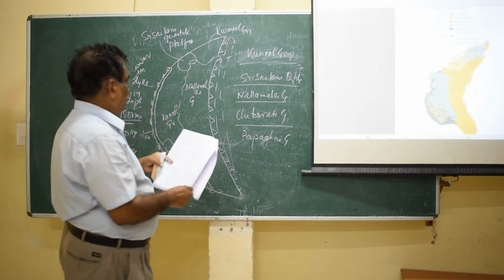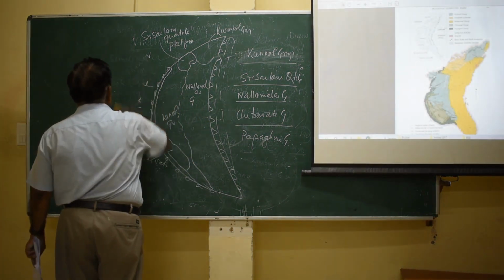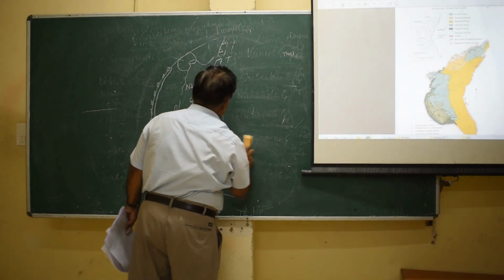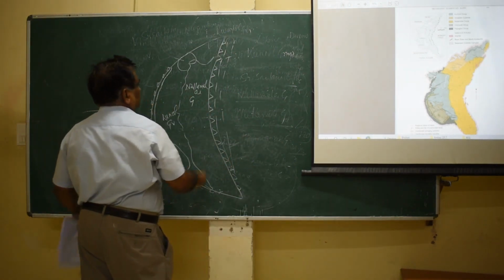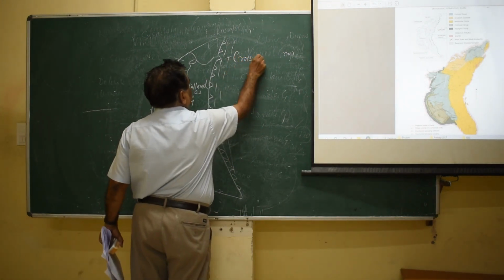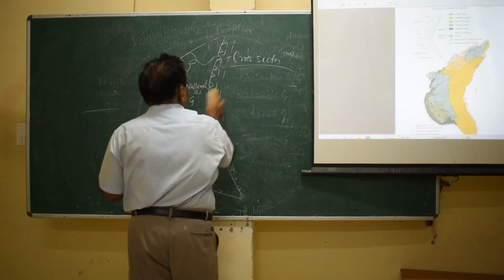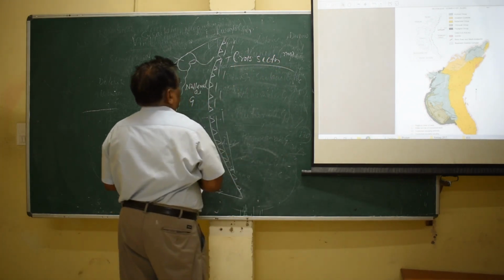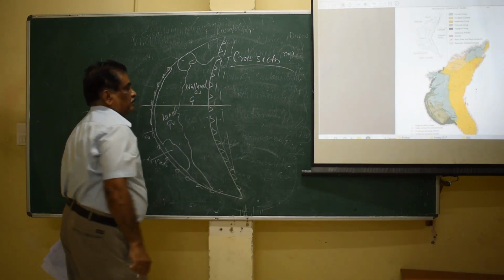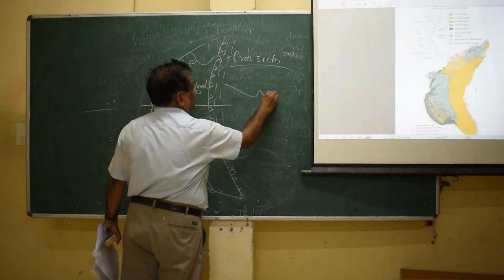Okay. Now, if you take a cross section of Kadapa, it is something like this. If you draw a cross section of Kadapa, it will produce something like this.